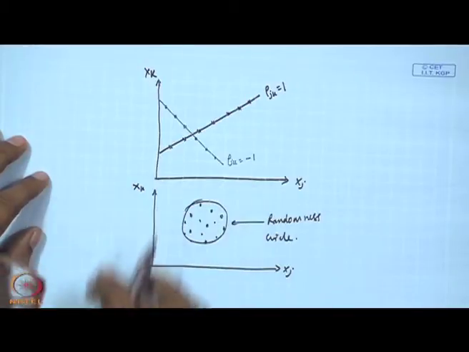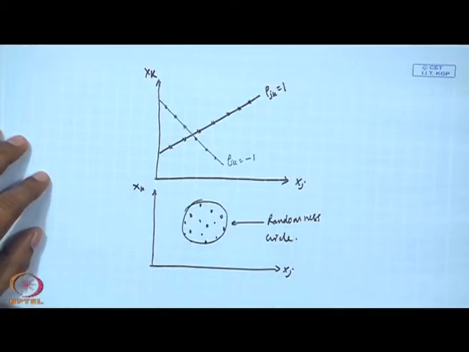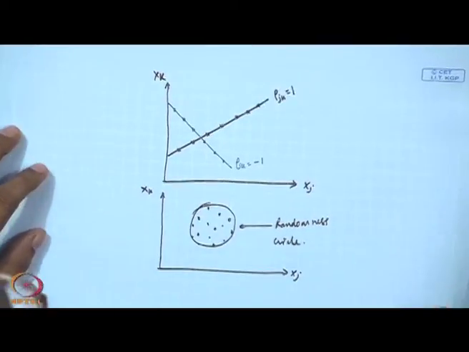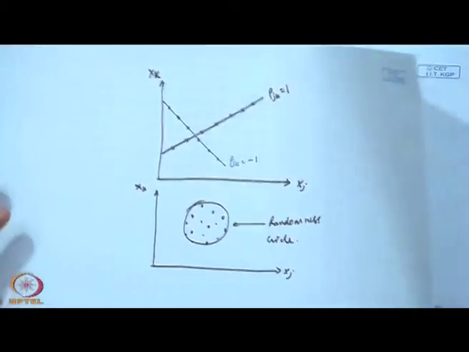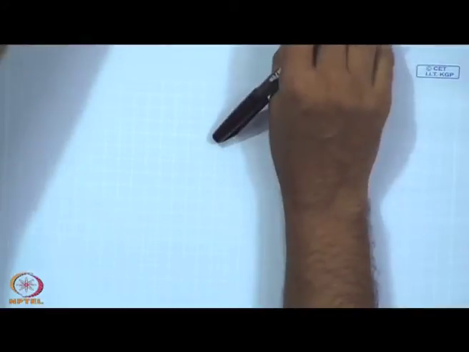So, that is the meaning of a correlation coefficient like rho j k. How do you calculate it?